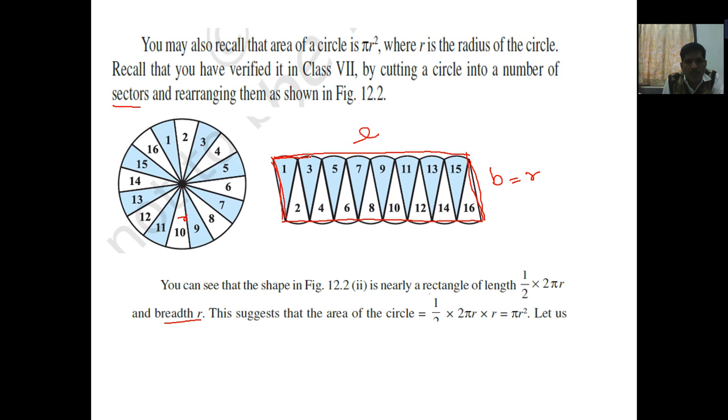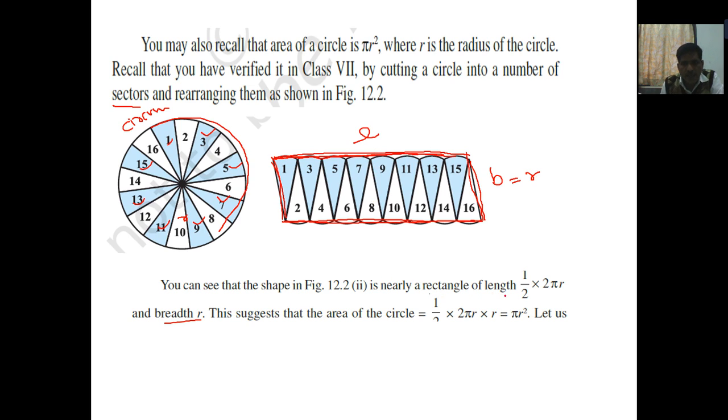Here what will you get? If I start from 1, 2, if you see the blue color, 1, 2, 3, 4, 5, 6, 7, 8 parts are here. The same 8 parts are also here, the white part. So it is circumference, 2 times it is.